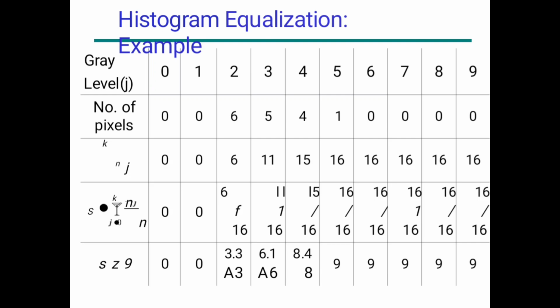You get the new values, that is 0, 0, 3, 6, 8 and 9. So in the input image, gray level 0 is replaced by 0 and gray level 1 is replaced by 0, gray level 2 is replaced by 3, 3 is replaced by 6, 4 is replaced by 8, and gray levels 5 to 9 are replaced by 9. So you get the new image.